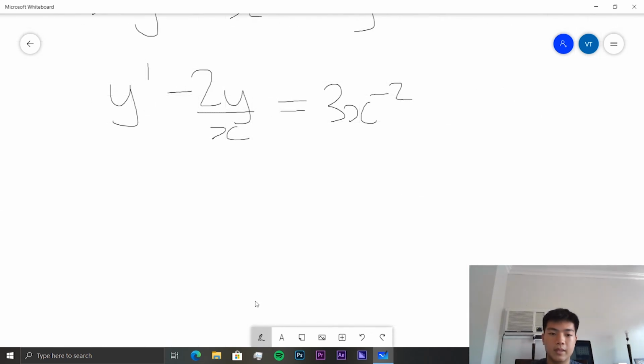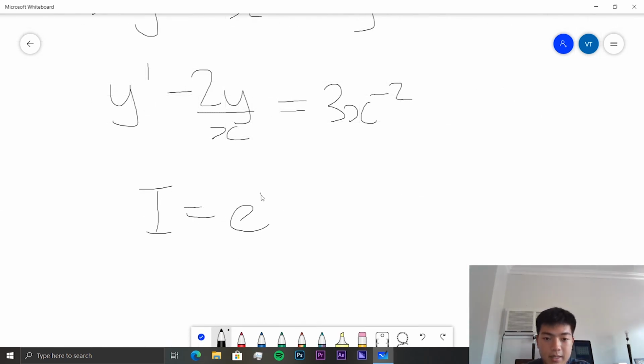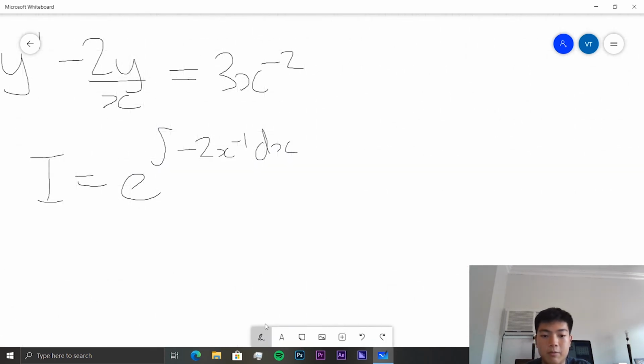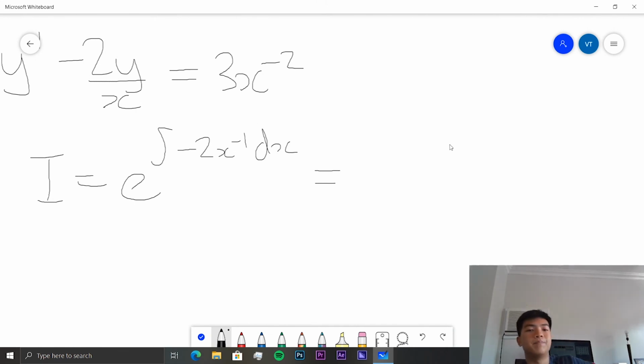So we get that the integrating factor is equal to e to the integral of negative 2x to the minus 1 dx, which is equal to e to the negative 2 ln x.